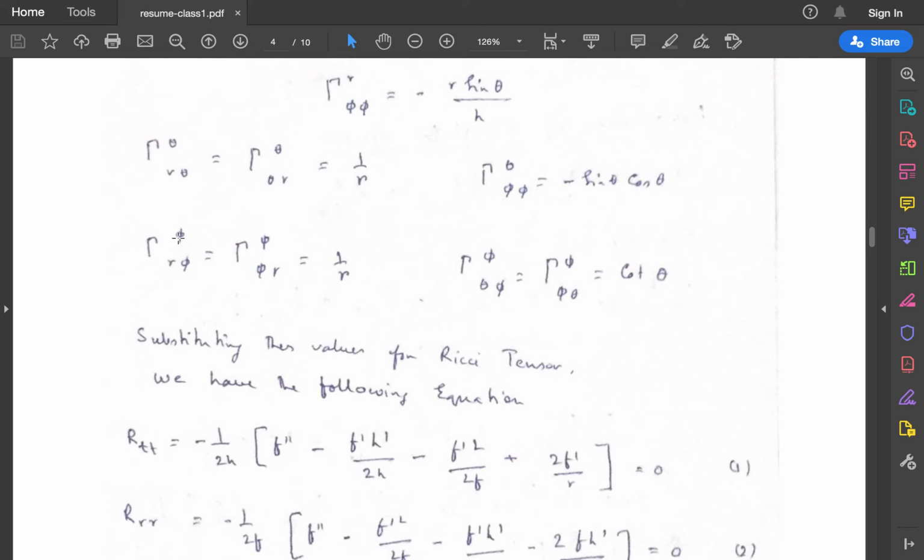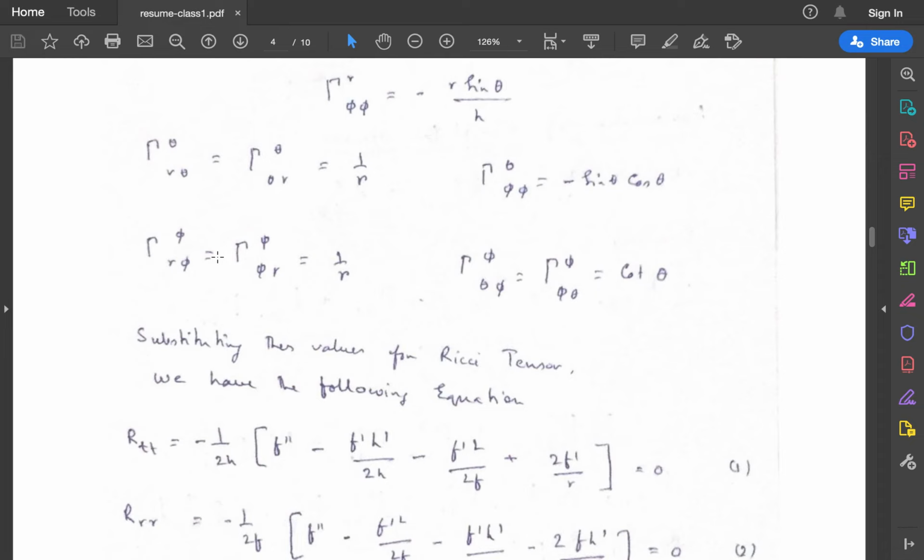Also we have gamma^φ_rφ equal to gamma^φ_φr equal to 1 by r, same as above, and gamma^φ_θφ equal to gamma^φ_φθ equal to cot theta. So these are the only non-vanishing components we will need.